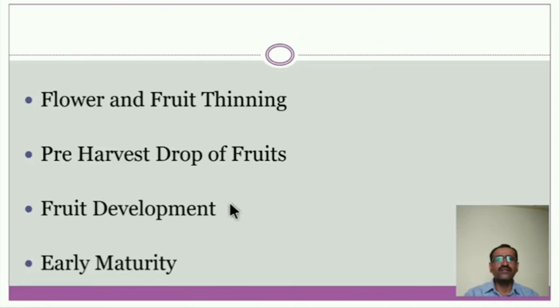Next point is flower and fruit thinning. In some cases, if more and more flowers or fruits accumulate on the branches, there will be an excess load on the branch, and the branch or the tree can break. So we must thin that excess amount of flowers and fruit, and for that purpose also some growth regulators are used.